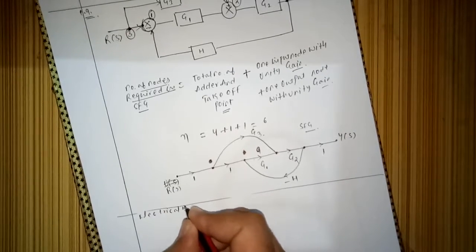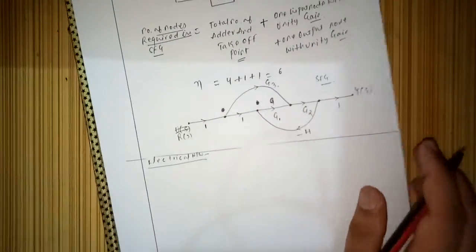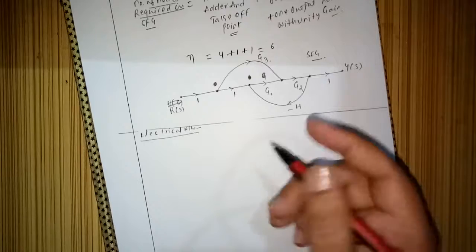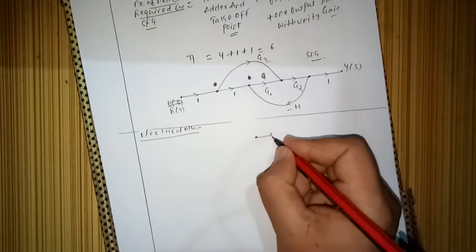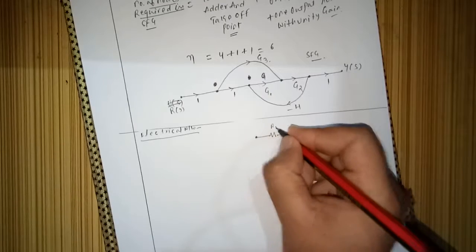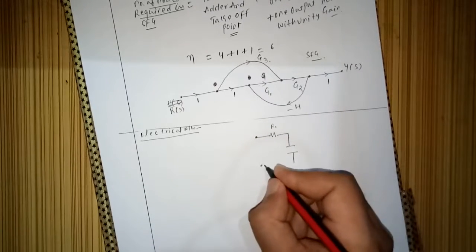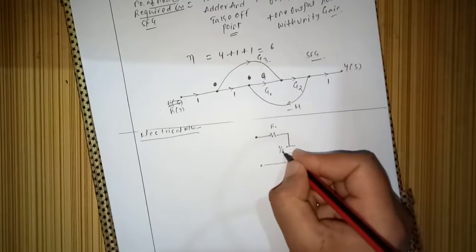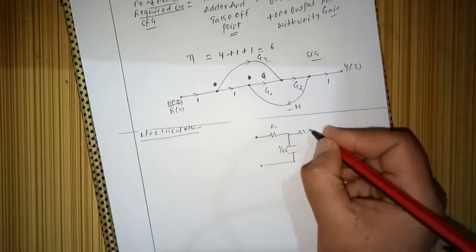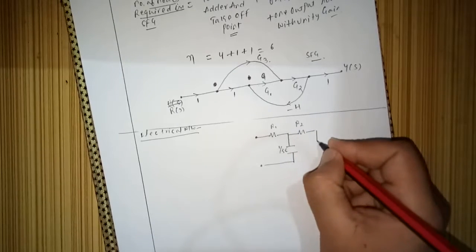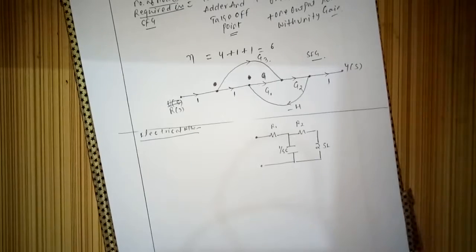So let's look at how we represent an electrical network in the form of a signal flow graph. First of all, this is our R1, and this is capacitor 1 by SC, and R2, and this is the inductor SL.